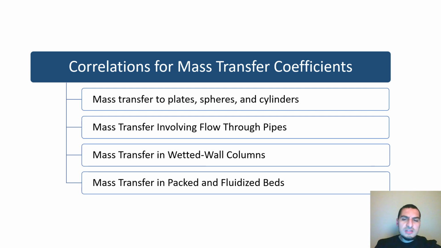I'll try in some cases to give some background about the system. In the case of the wetted wall column, I'll discuss what it is and why we use it. For the packed and fluidized bed, I'll give you some quick information about the packed column, why we use it, and what a fluidized bed is. I'm going to try my best to make it as informative as I can, so in case you don't understand what this is, you will have a good idea before you go through the equations.